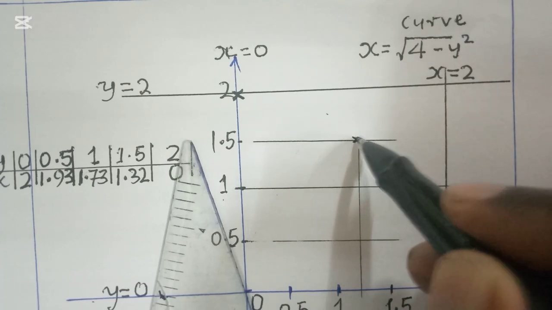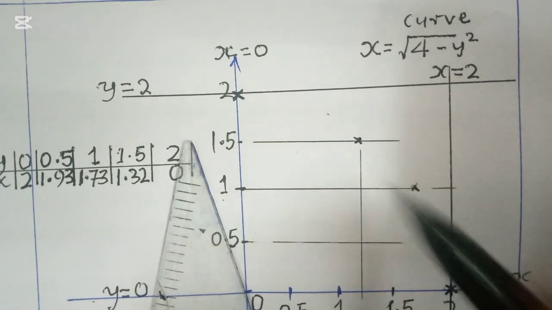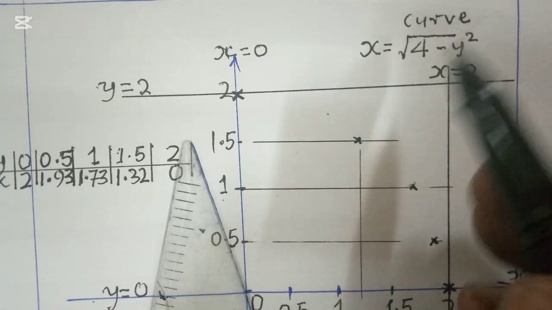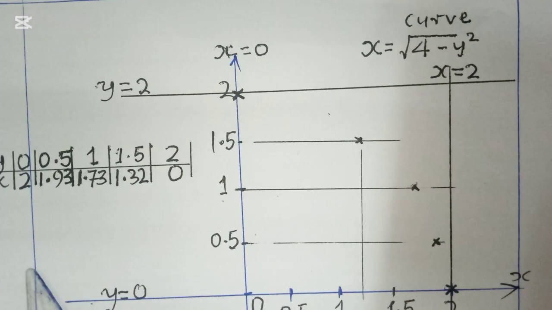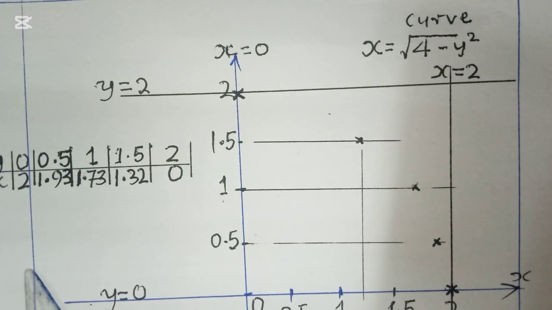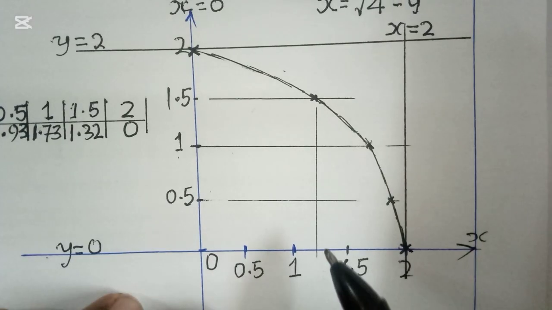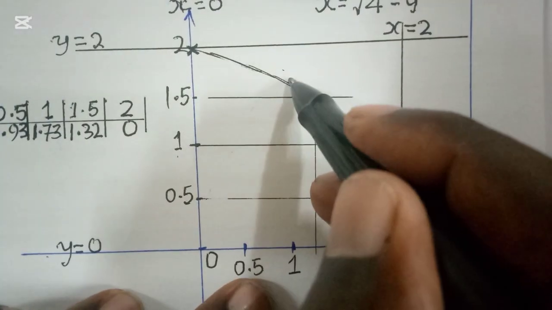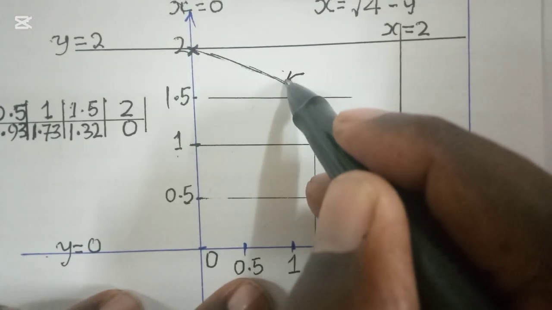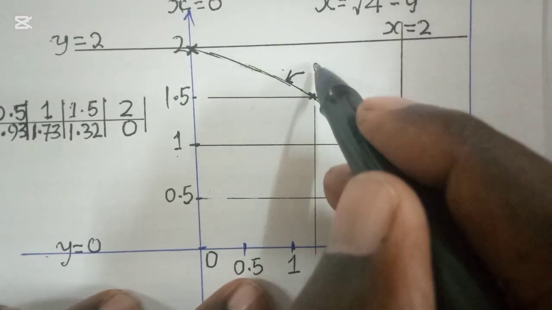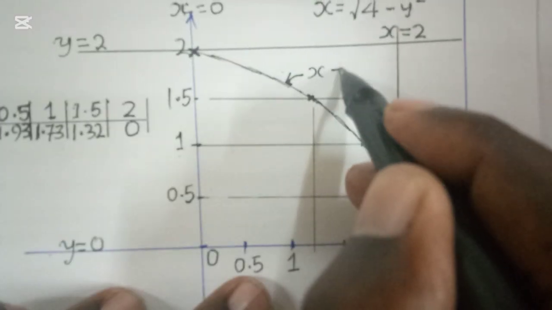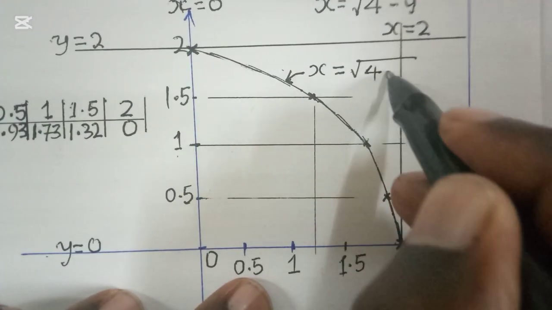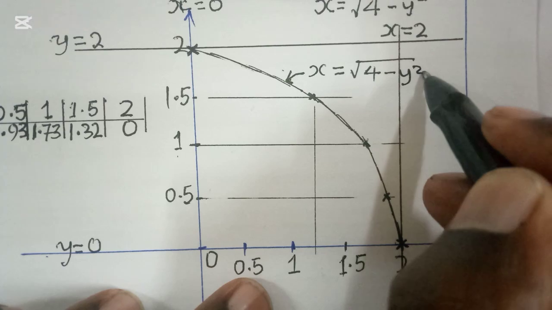Now we can form the curve. I have already connected the points, so this curve is x equals the square root of 4 minus y squared.